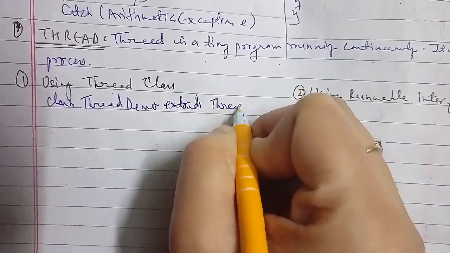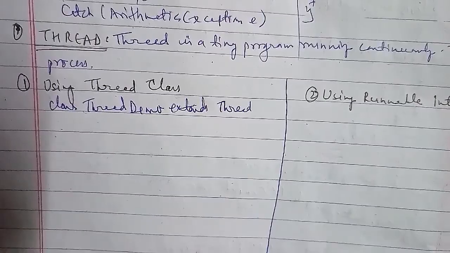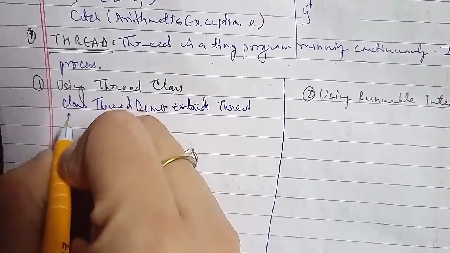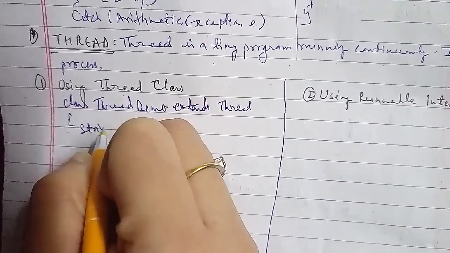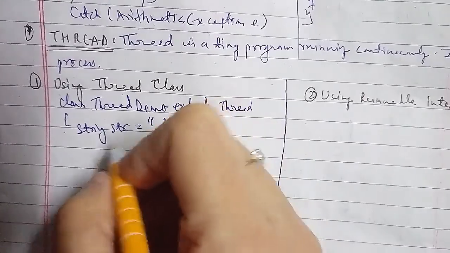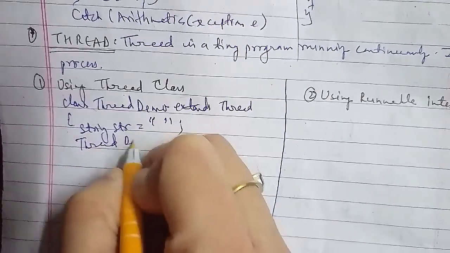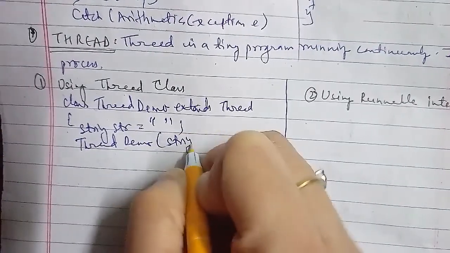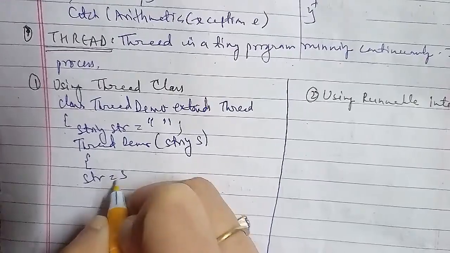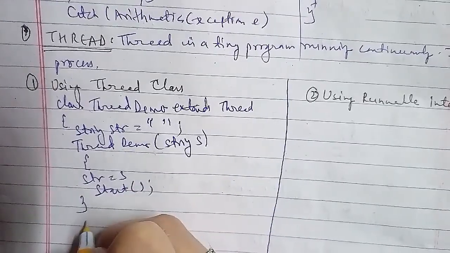This is an instruction, the thread is created, and next ThreadDemo(String s), this is the constructor, str equals s, start curly bracket, closing curly bracket. public void run(), then start another curly bracket, and we will print it out: System.out.println(str), double closing bracket.